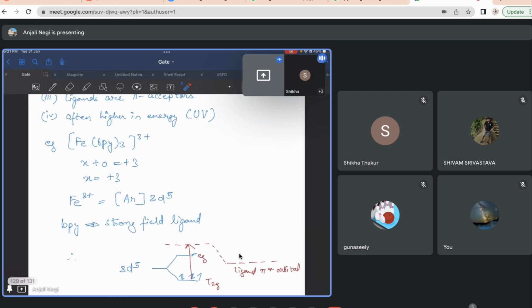Now coming to our complex, what was given to us. Since the ligand is neutral, the charge there is 0, and the charge on Fe, my iron, will be +3. So the iron 3 plus electronic configuration becomes argon 3d5.